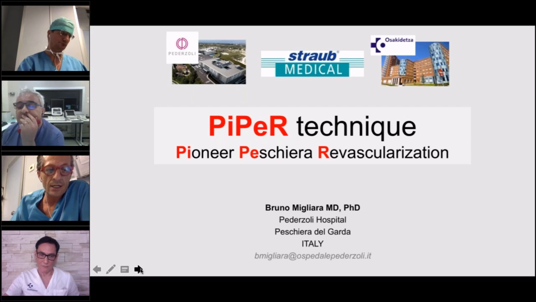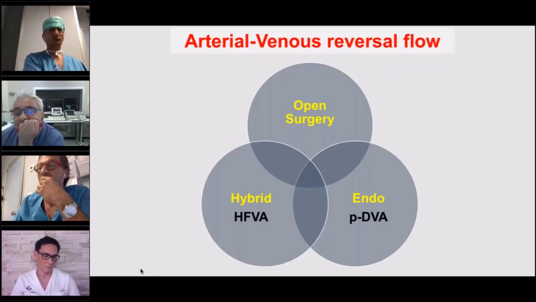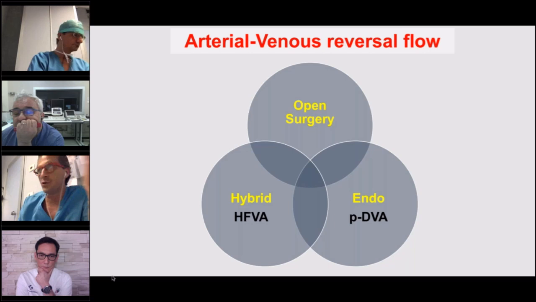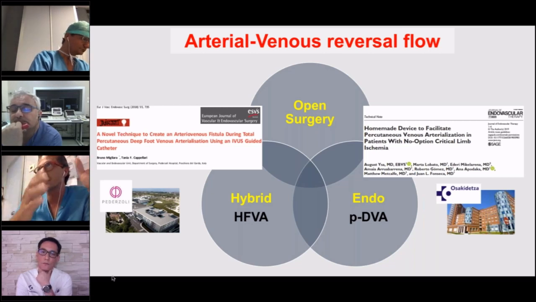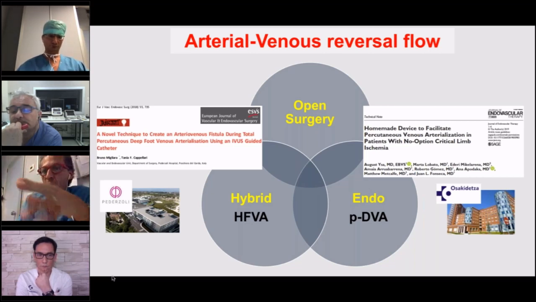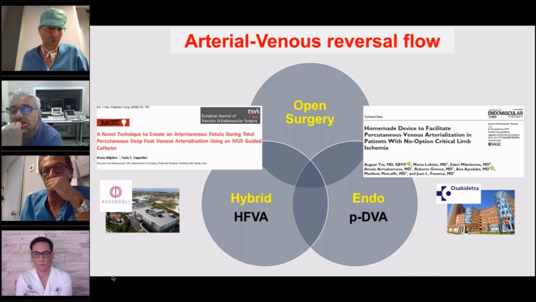Of course, as Marco said before, we can use some different treatments to obtain the AV reversal flow: the open surgery, the hybrid technique, and the totally percutaneous. Today, we are focusing on these two techniques, the PIPER technique proposed by me and published in 2018, and the technique proposed by Augusto, the VAST technique.